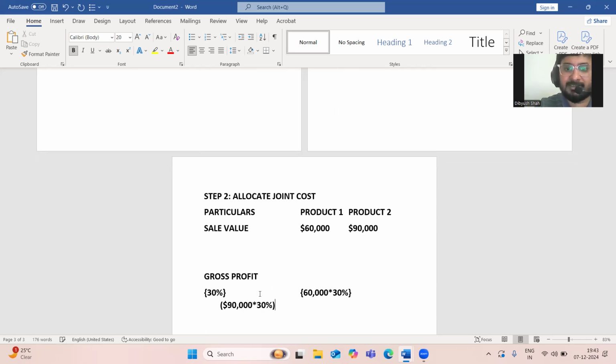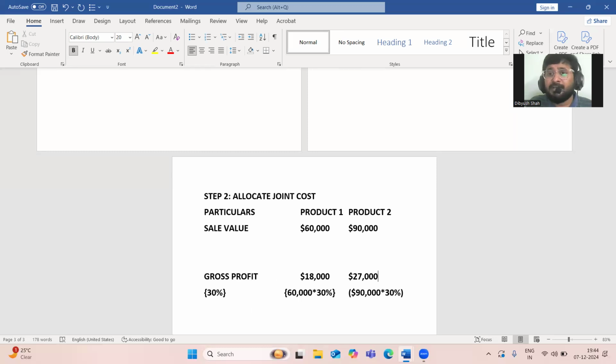So both the products will earn same gross profit percentage. So here first I am allocating gross profit. So first product will get 18,000 and second product will get 27,000. First I have allocated gross profit directly so that both the products will earn same gross profit.